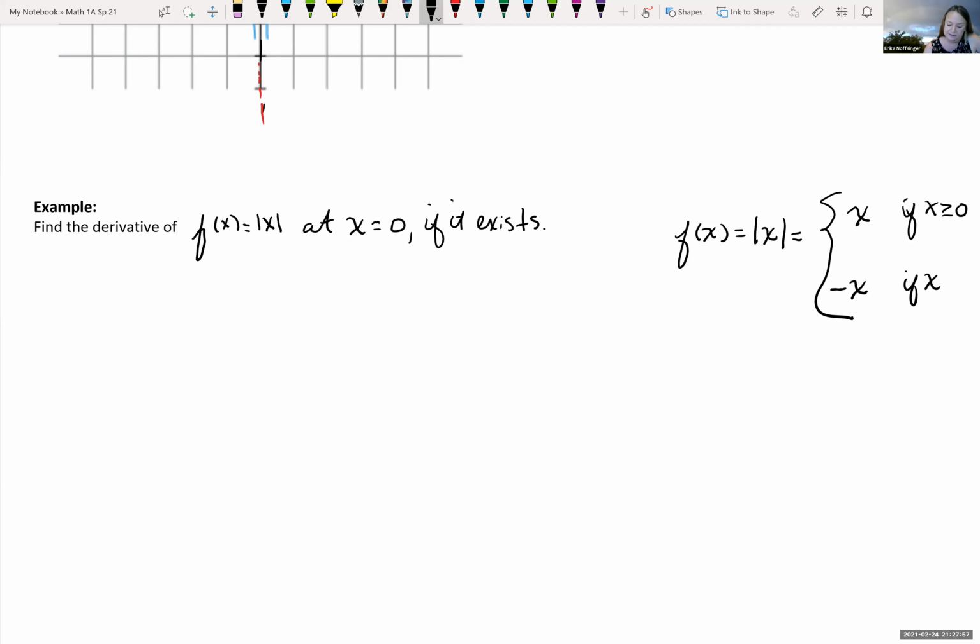I'm taking the negative of -1, which gives me +1. So if x is less than 0, we're using this equation. We look at the graph here. And if you graph this function, recall this is like a V shape and we have a sharp corner.